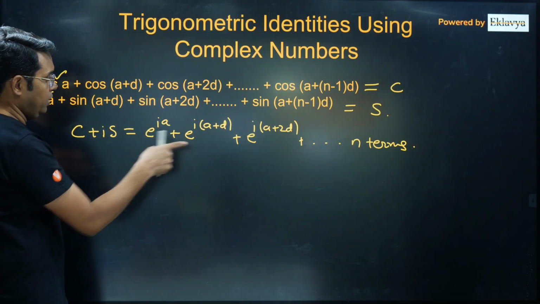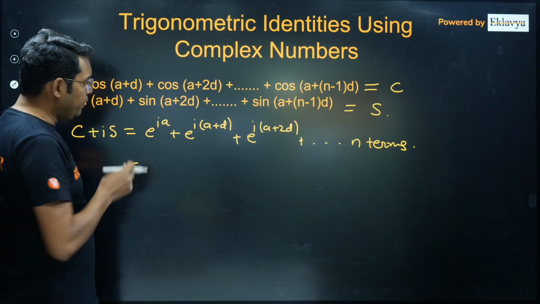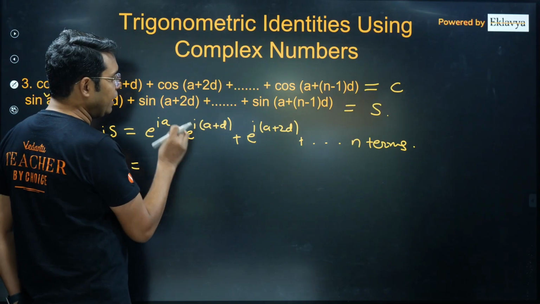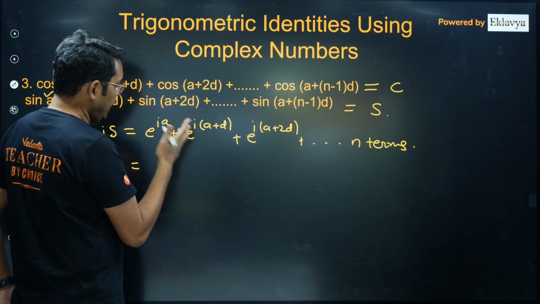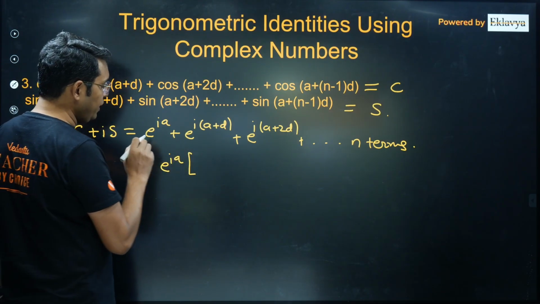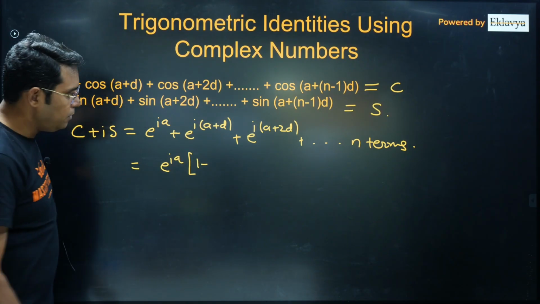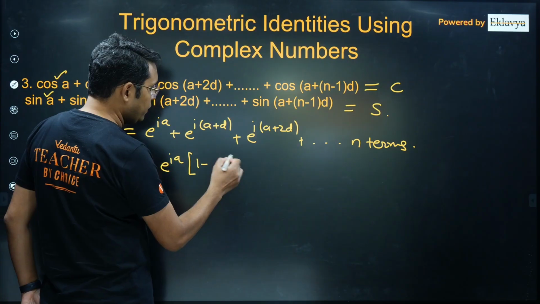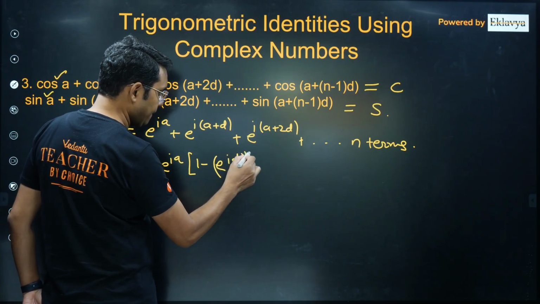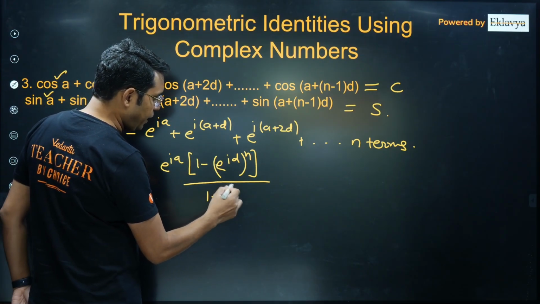Okay, so now if we are looking for the sum of these n terms, I think it's a GP, because every time you are multiplying by e power iota d, and first term is e power iota a. So its sum would be e power iota a minus e power iota d whole power n upon 1 minus e power iota d.